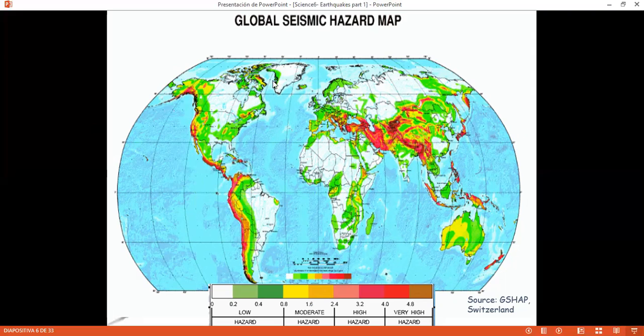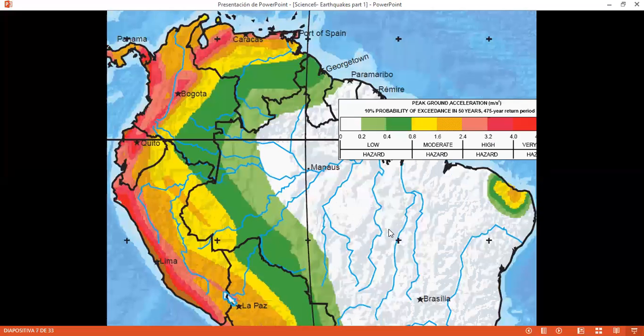So maybe you want to check some of these zones. You can just click and move on to a specific area, like the one that we are going to go to next. So here we are, Venezuela. You can check that in Venezuela, probabilities are quite medium and low, and also we have a high hazard zone.